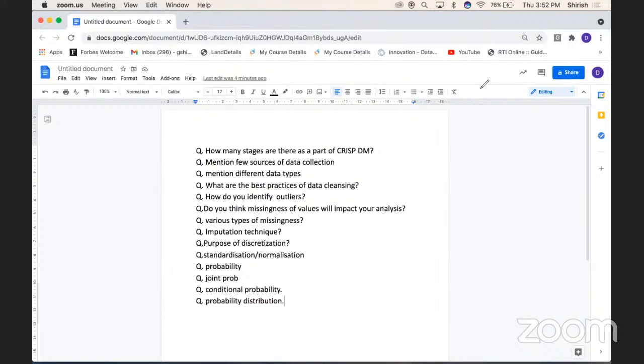Each probability distribution has parameters. Those parameters define its shape. By specifying those parameters, you get the shape of the distribution.